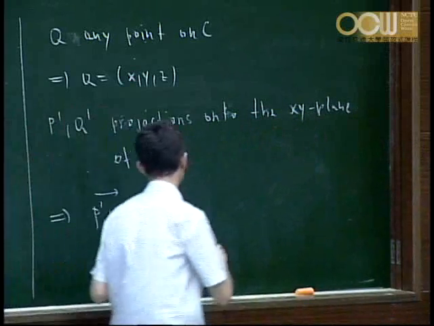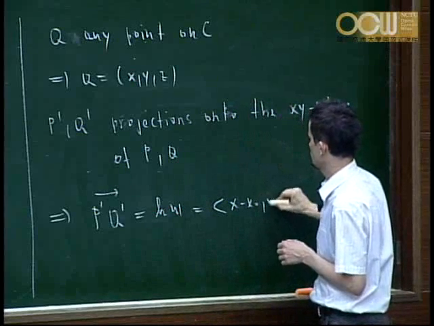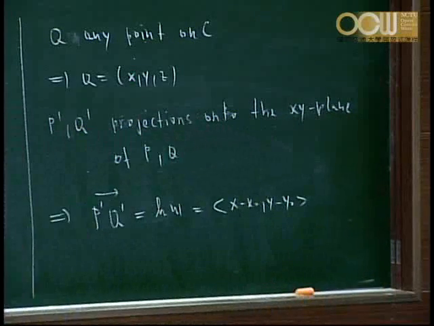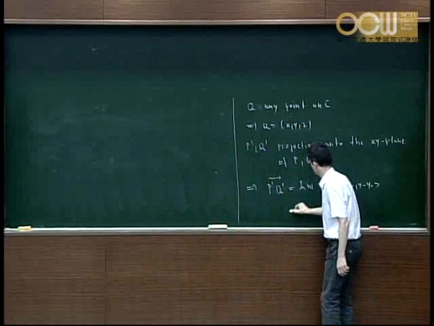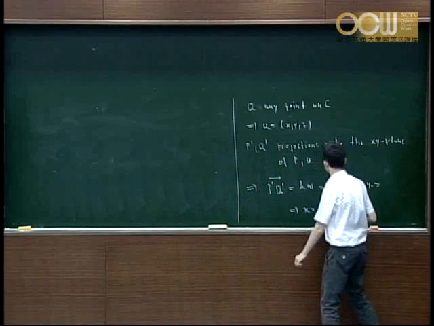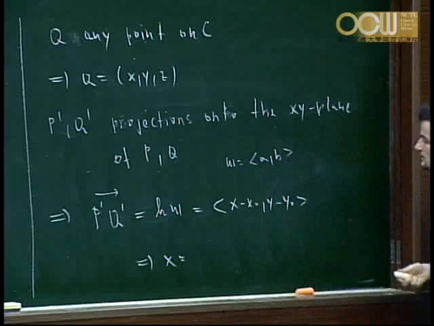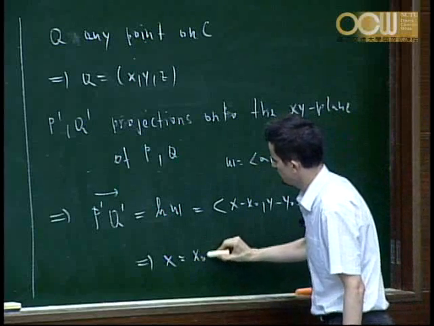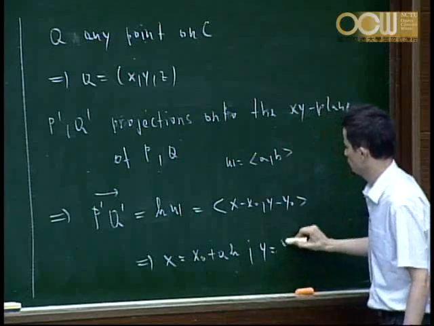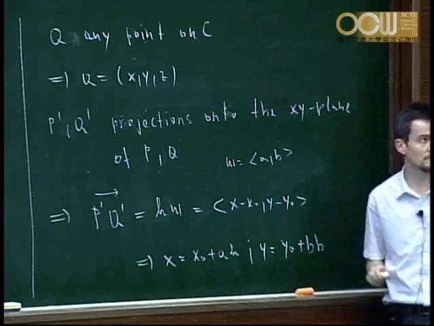And this of course is the vector given by x minus x0, y minus y0. This is now in the plane. So you see from this that, let's assume that u is equal to (a, b). Then x must be equal to x0 plus h times a, and y must be equal to y0 plus h times b.